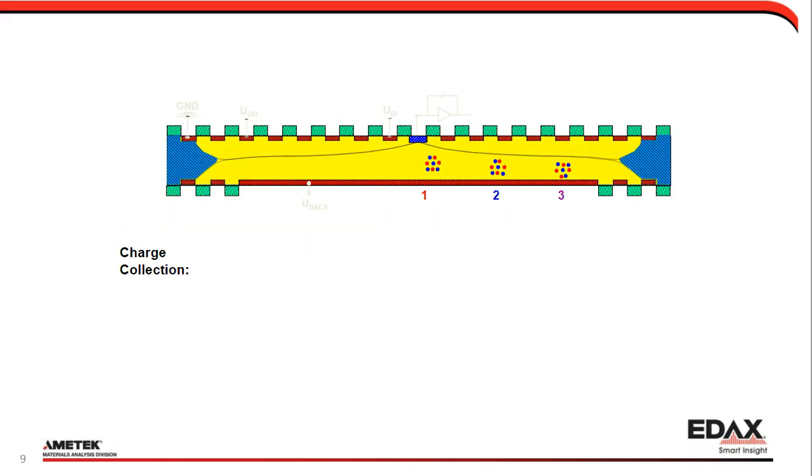I'm using this animation to illustrate charge collection and why we will see tailing when the detector size is large. This is the cross-section of a detector chip. When X-rays hit the entrance window on the bottom, electron hole pairs are generated at position 1, 2, 3.